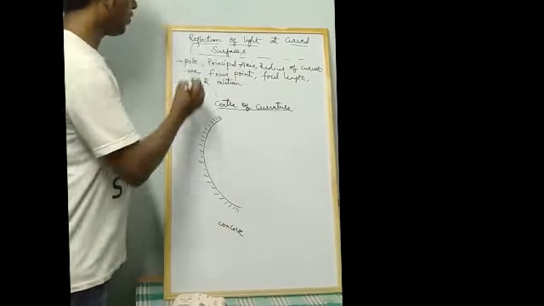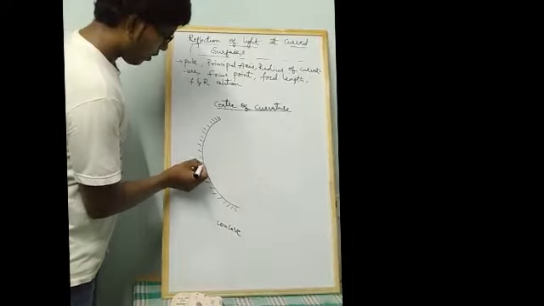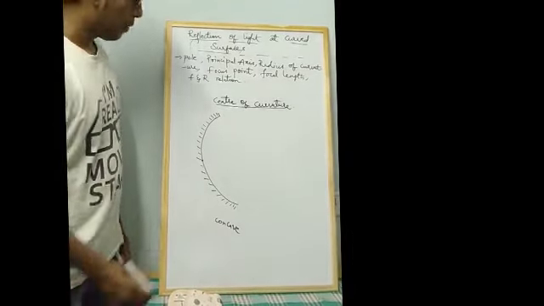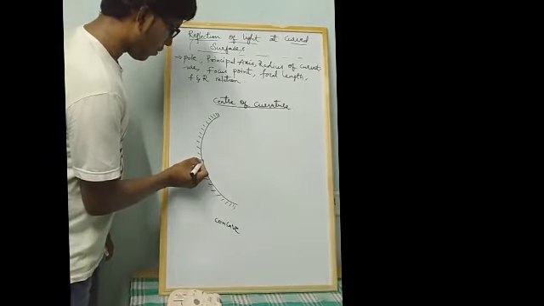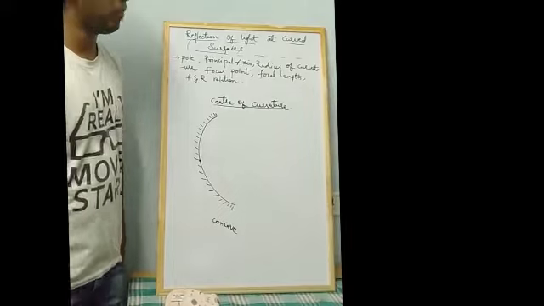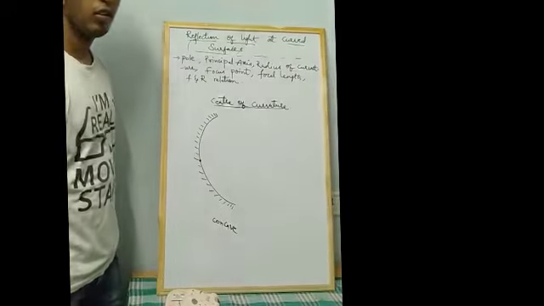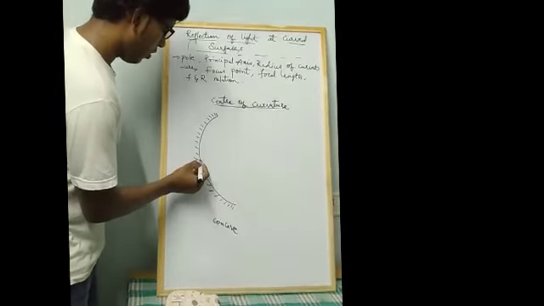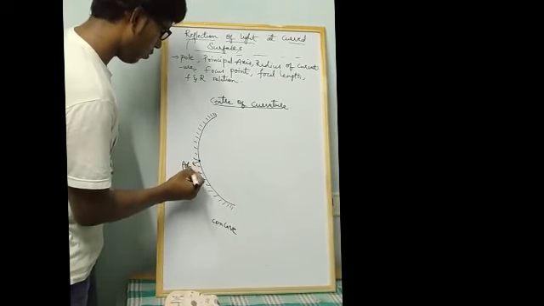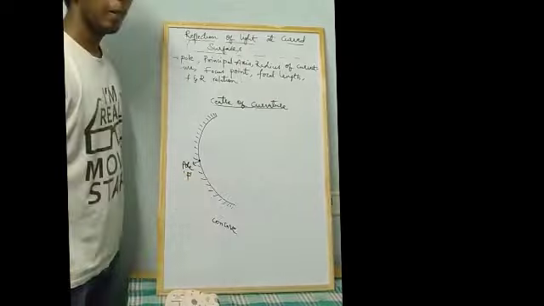If I locate the midpoint on the mirror, this point is called the geometric mean of the mirror. It is also called the midpoint on the mirror. This point is called the pole, and it is denoted with a capital letter P.